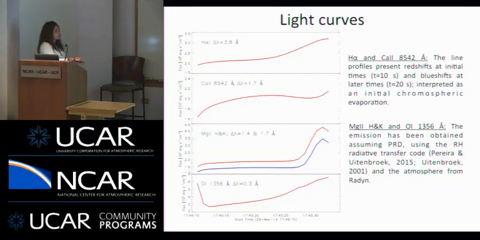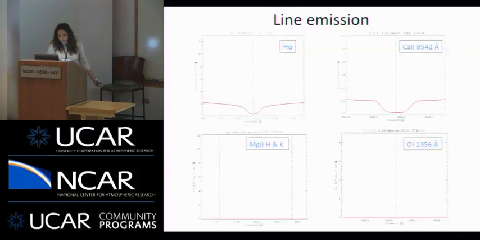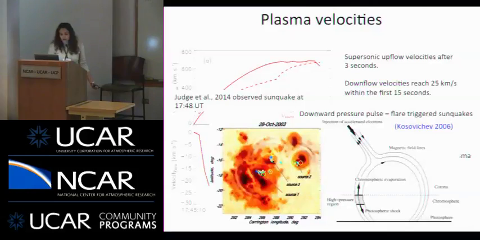Well, for example, for the magnesium line, you can see at later times you suddenly have an increase of the intensity. We have to look in more detail into this, but I would say this is because of the plasma. I don't know. There was some variation of the atmosphere.